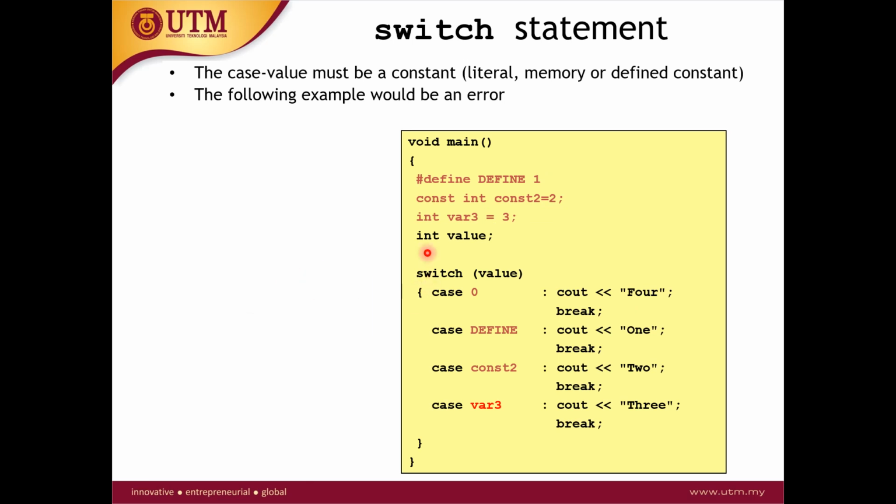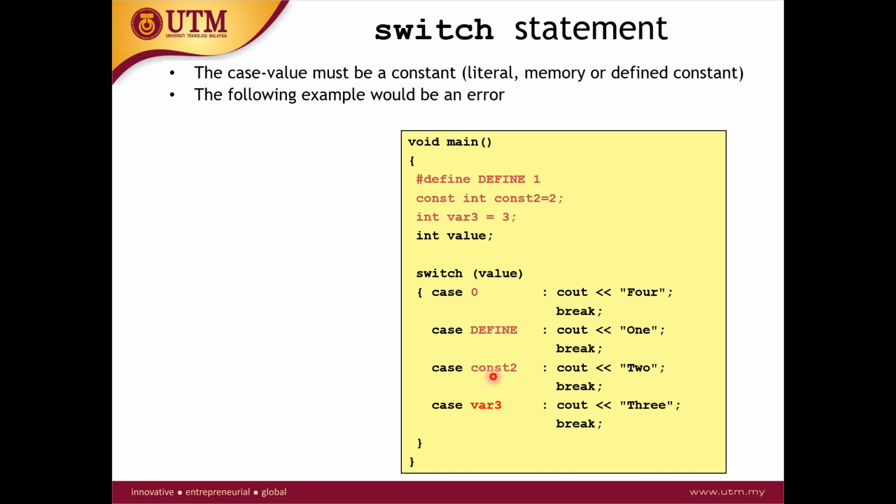Let's see, int value, switch value. It's all right for the switch, but let us come to the cases. We have case 0, that value is okay. We have case defined. Let's see what's defined. Define is a constant which is defined as 1. It is all right, there is no error with this case.